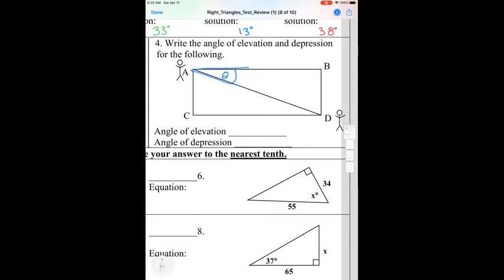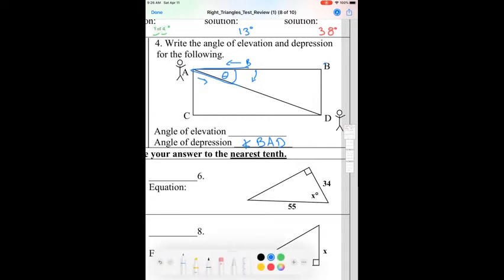In other words, what are the 3 points, the 3 vertices, that create this angle? In this case, it starts at B, goes towards A, and ends at D. It's depression because he's looking down, starting horizontally and looking down. So my angle of depression is angle BAD.